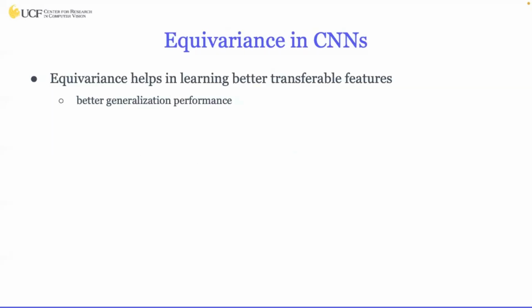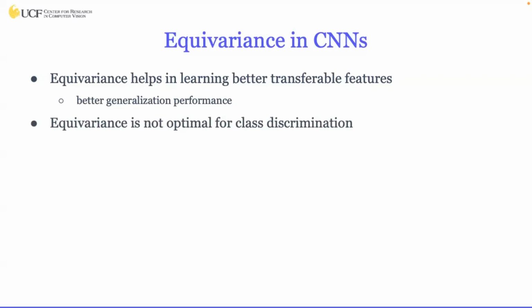Equivariance, on the other hand, helps in learning better transferable features by encoding the structure of the data better, which leads to better generalization performance. However, equivariance is not optimal for class discrimination because it does not explicitly try to have compact class boundaries.